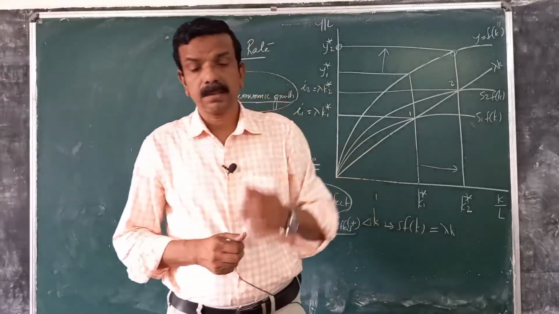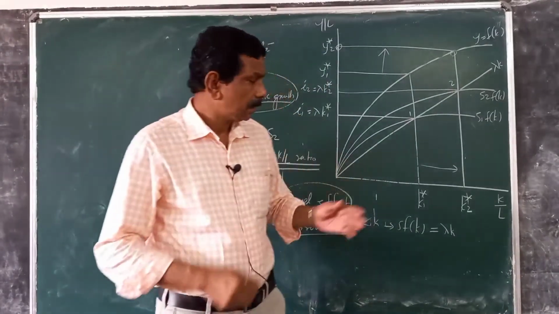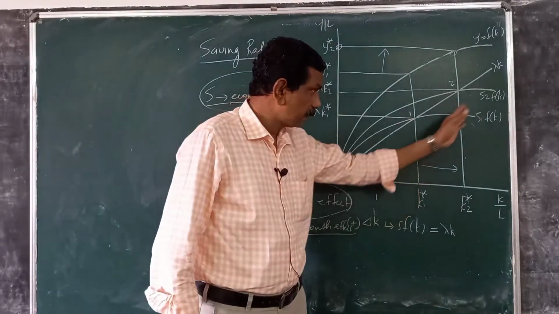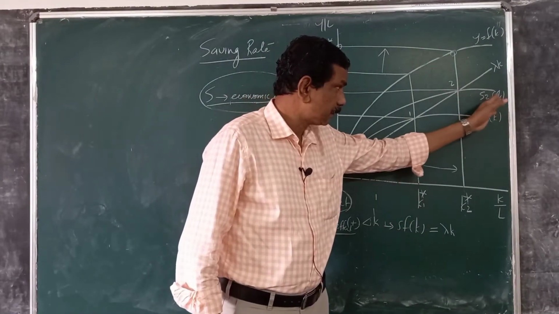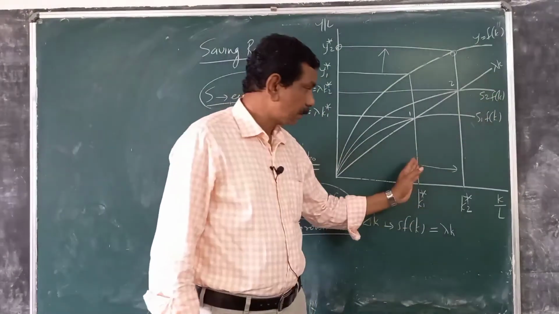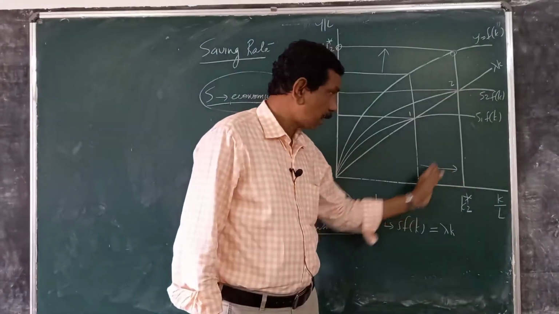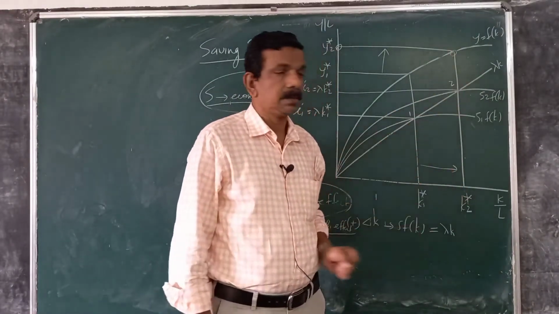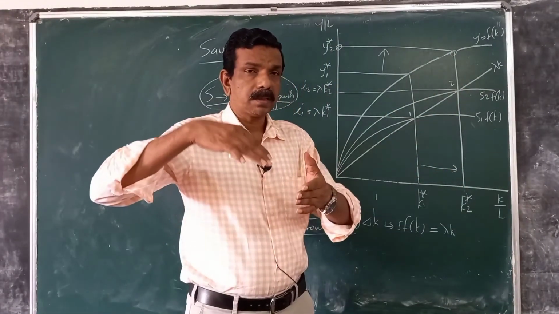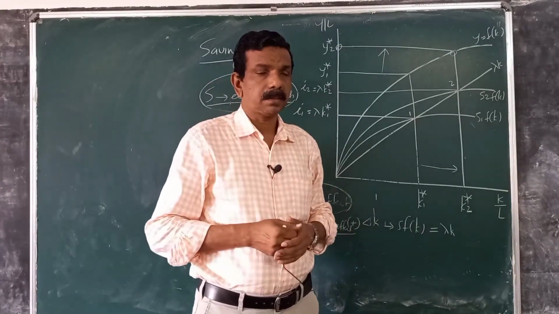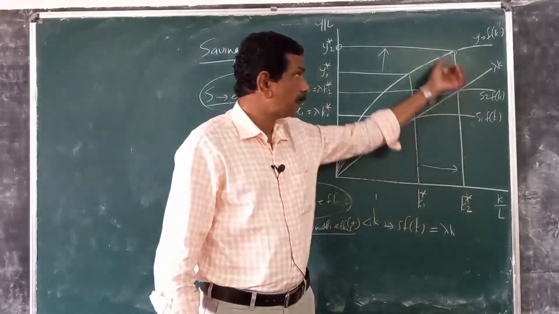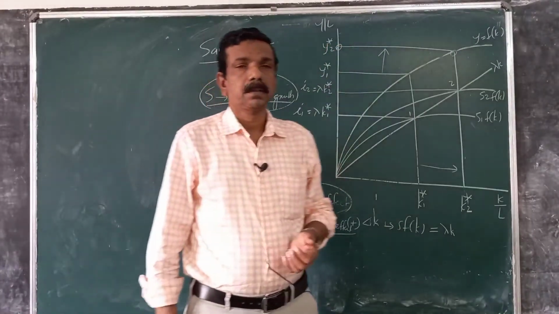As you can see in the graph, when S1F(K) becomes S2F(K), the economy experiences growth until the new steady state is reached. Again, once the new steady state is reached, capital per head and output per head are constant.